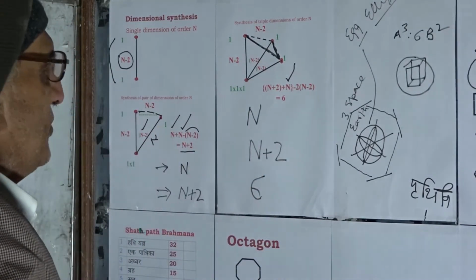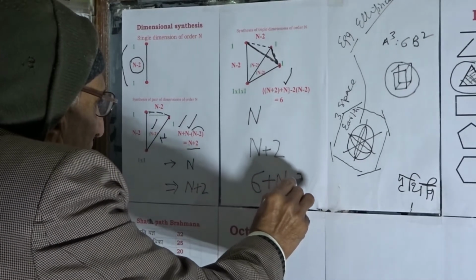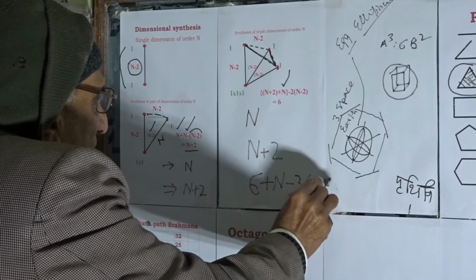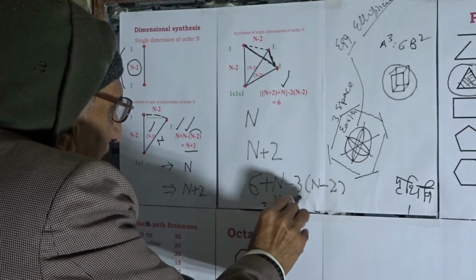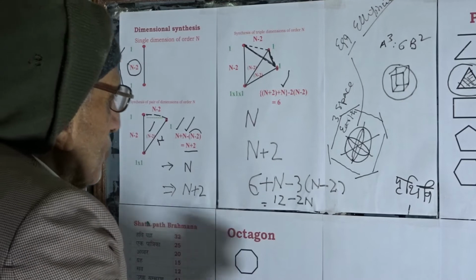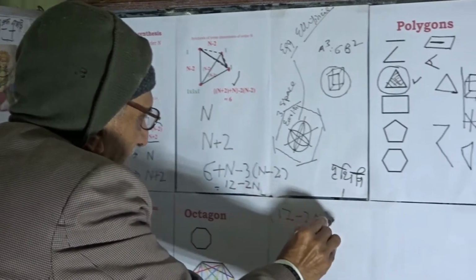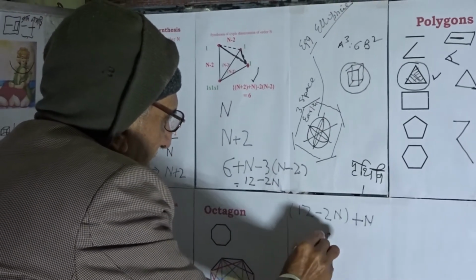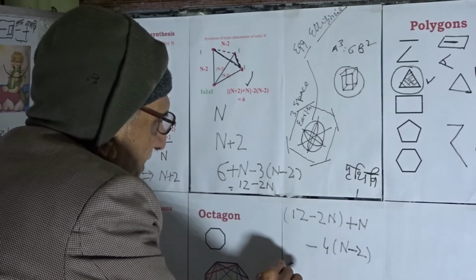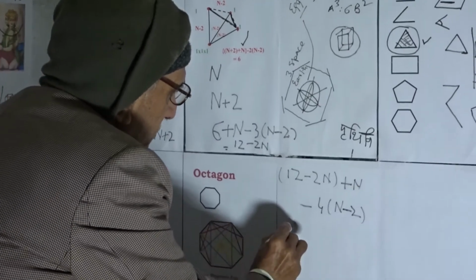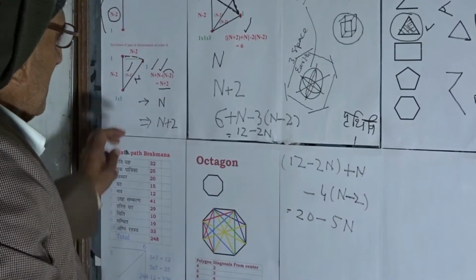So if we have a fourth dimension, then we will have an addition of value n, but we have to fill 3 gaps, and it as such will lead us to value is equal to 12 minus 2n. If we have a fifth dimension to be added, then here 12 minus 2n will have an additional value n, but we will require 4 gaps to be filled up, and it will give us 20 minus 5n.